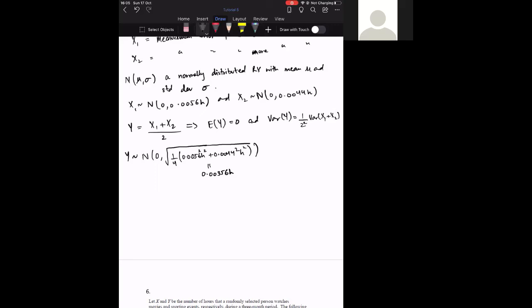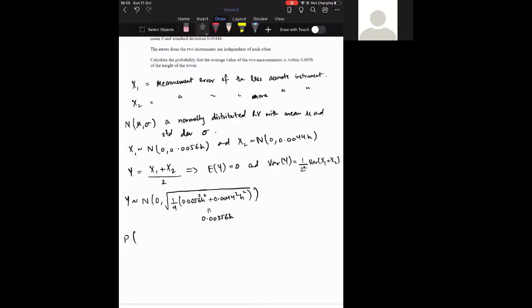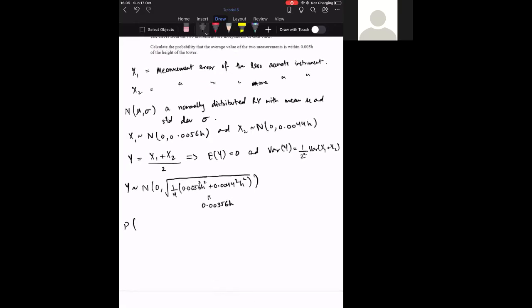And we want the probability that the average is within 0.005h of the height of the tower. So this is what we want. Let's normalize this.